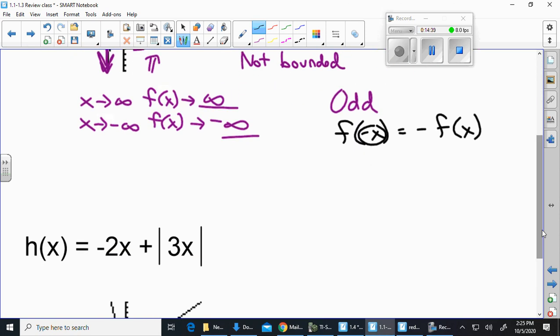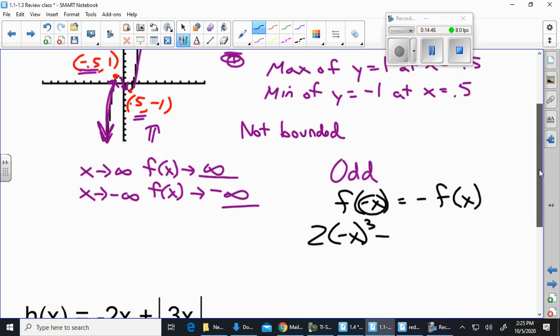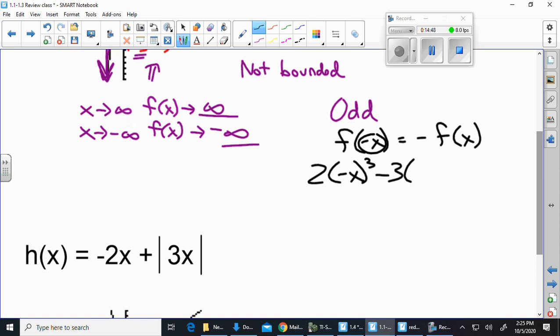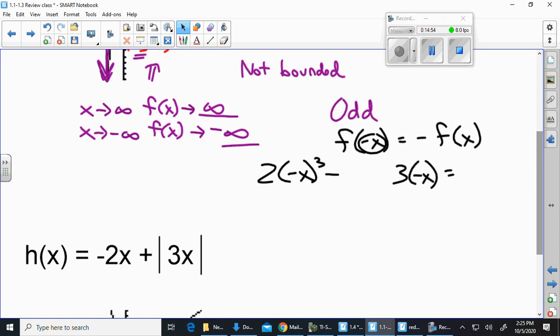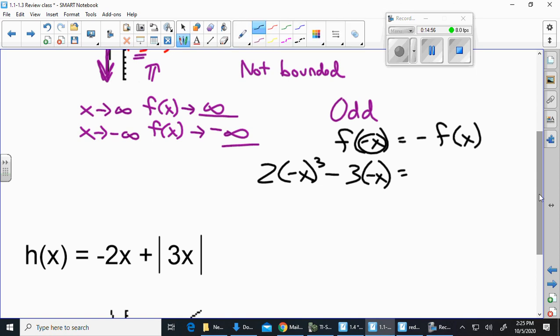So I would have 2 times negative x cubed minus 3 times negative x. On the right, that would be the left. On the right, negative f of x is that.